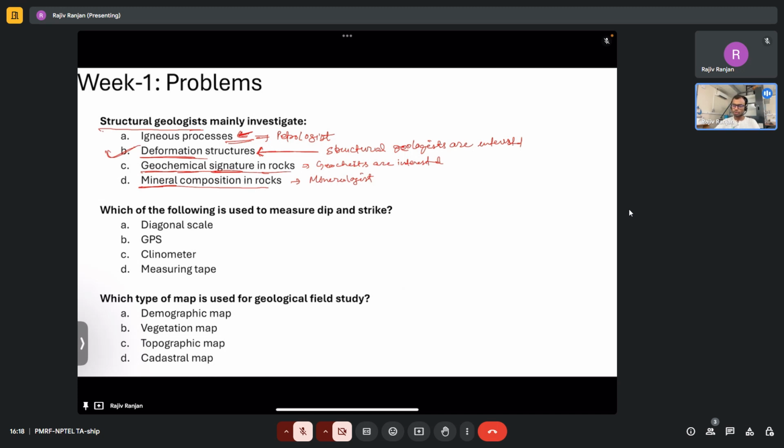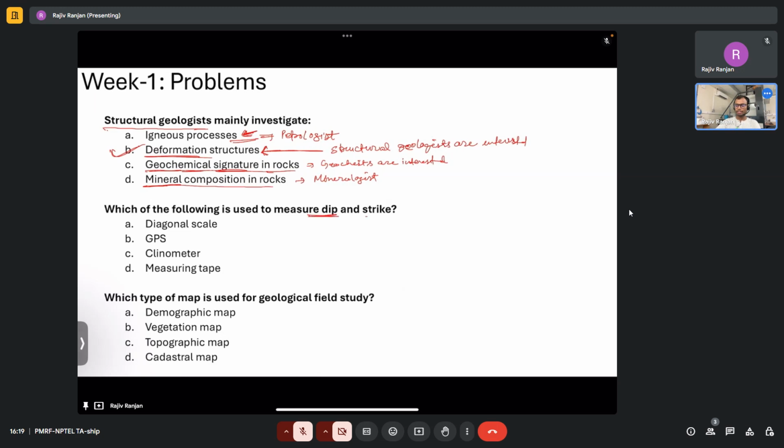Which of the following is used to measure dip and strike? Option A, diagonal scale. Option B, GPS. Option C, clinometer. Option D, measuring tape. So from here we can see that with a measuring tape we cannot measure dip and strike, right? So it's incorrect.